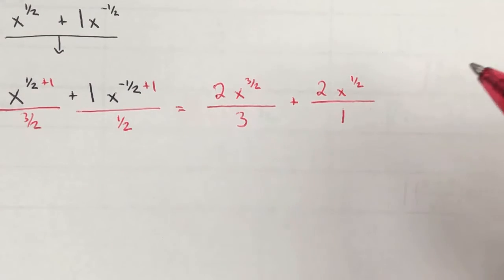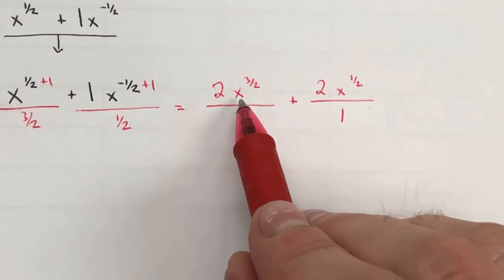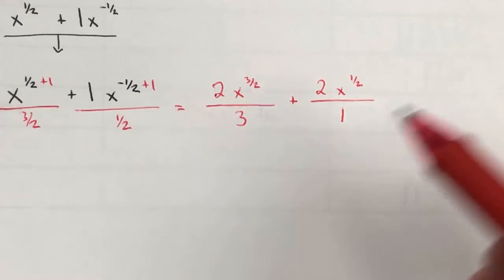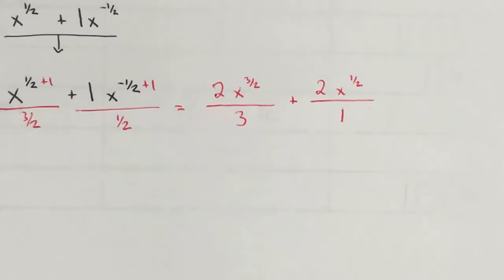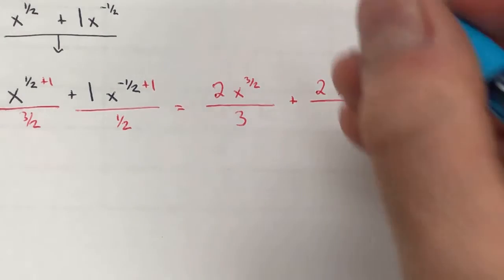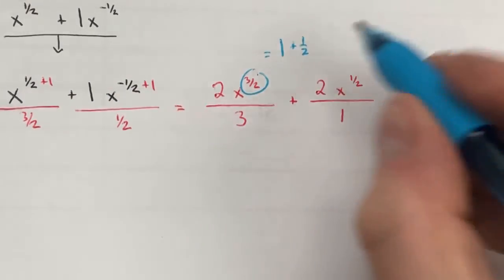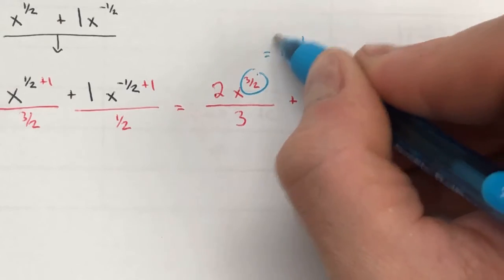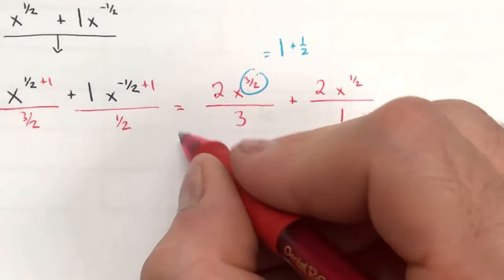Then at this point, we just rewrite it in a form that looks more like standard notation. So I'm going to rewrite this in radical form. I have 2 choices. I could either leave the x cubed beneath the radical, or I could factor out one of those. Because I know 3/2, let's do this in blue. 3/2 is equal to 1 plus 1/2. So I know 1 full x is going to be outside of the radical, but I will have a square root of x left in there.